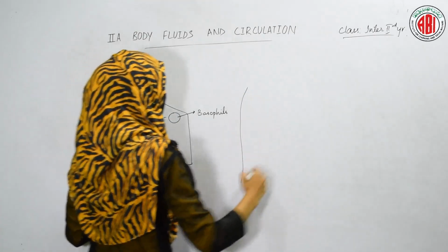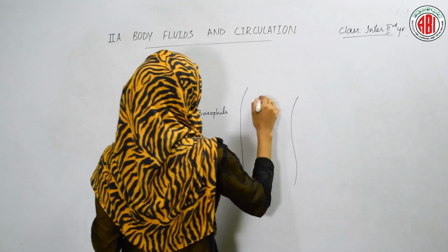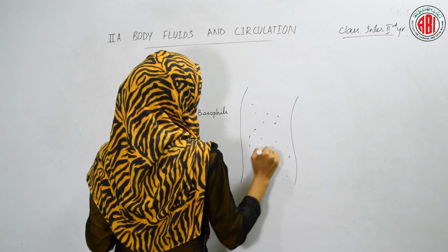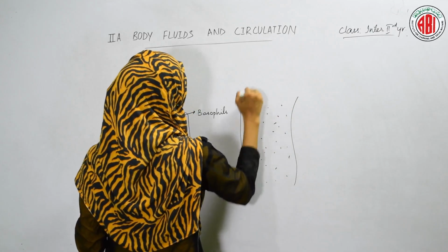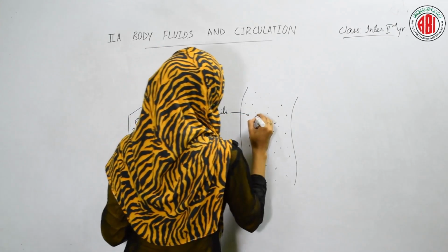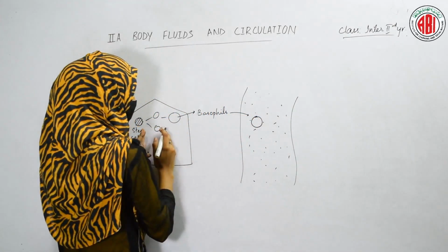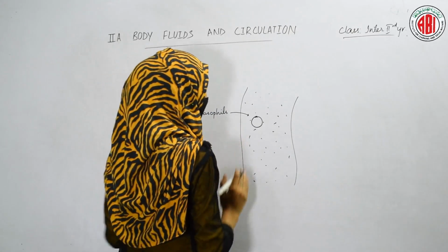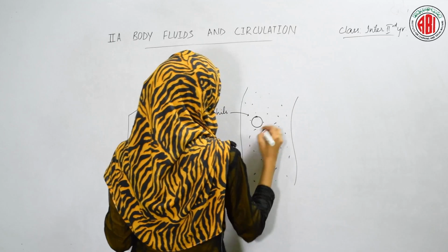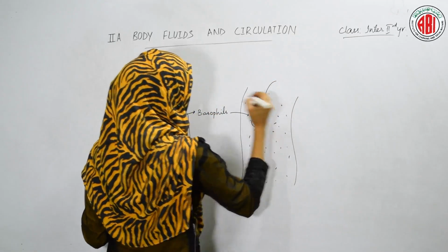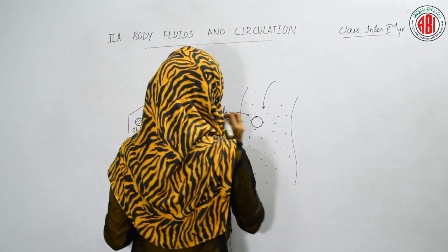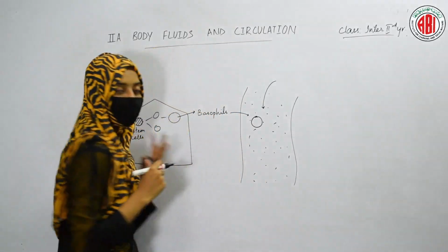This is our blood vessel. In the blood vessel, plasma is present and red blood cells are found, and even white blood cells and platelets are found. Now, these basophils are present in the blood vessels. From the bone marrow, they have been transported into the blood vessel. Once they reach the blood, if any foreign material like any bacteria enters the blood, then these basophils activate themselves.